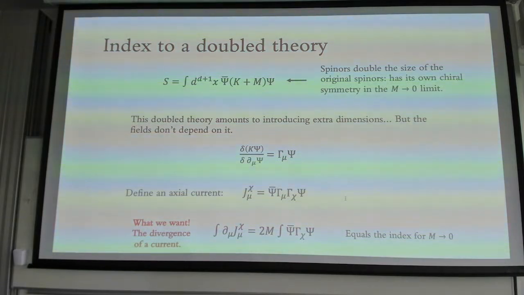How do you propose calculating this in an interacting theory? Yeah, so that's what I was discussing with Mohammed a little bit earlier. I'm not saying that you should calculate it perturbatively when you turn on interactions. If you remember what the original motivation was, I want to take a lattice theory and see whether I have gapless fermions or gapped fermions.